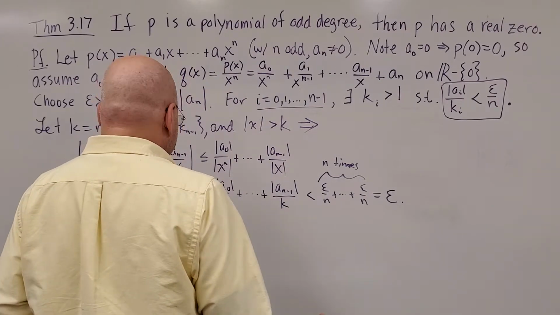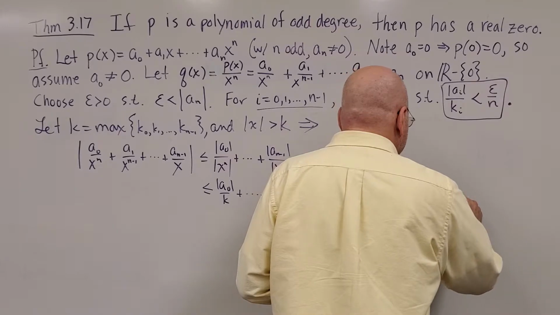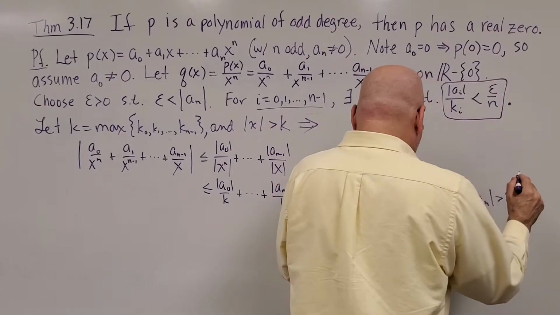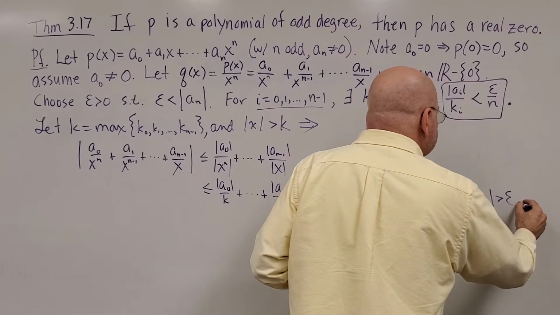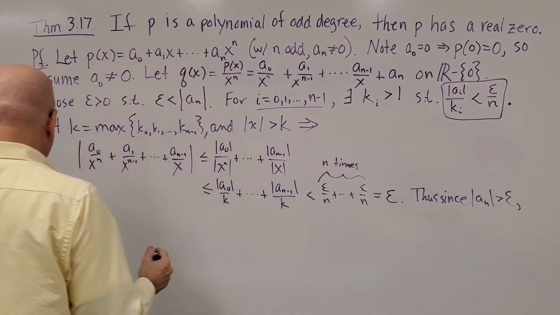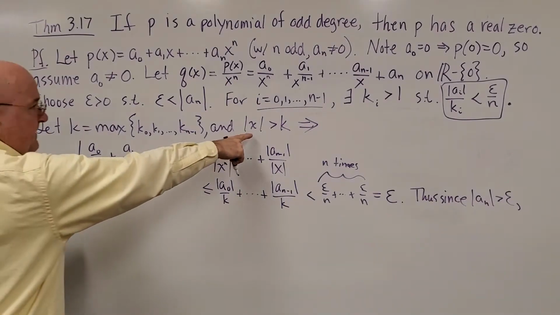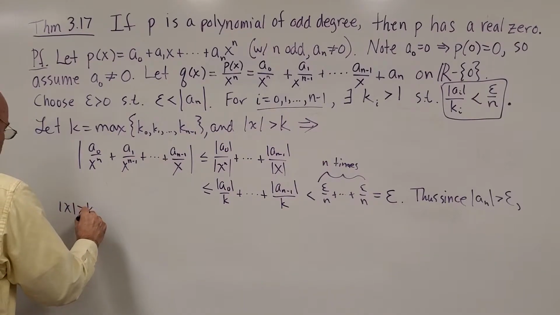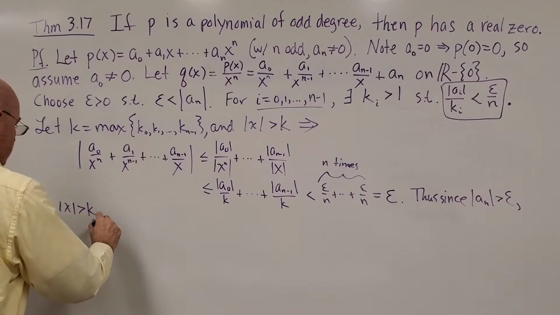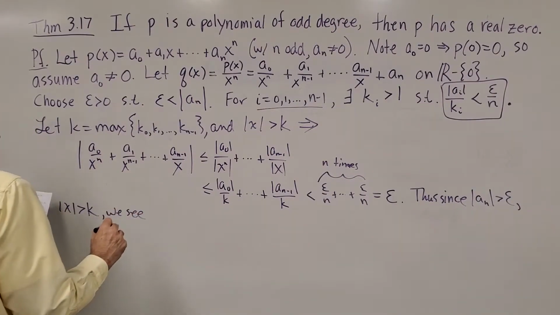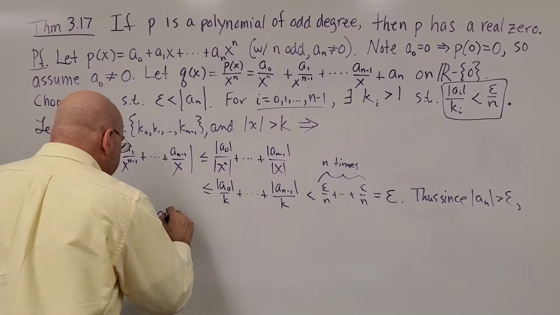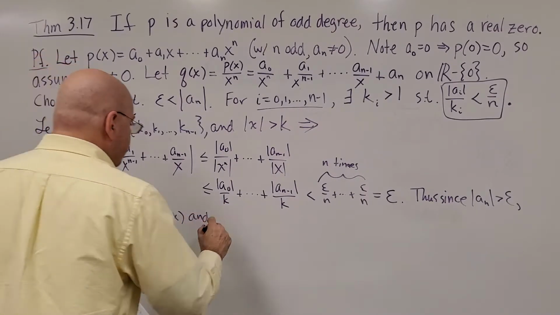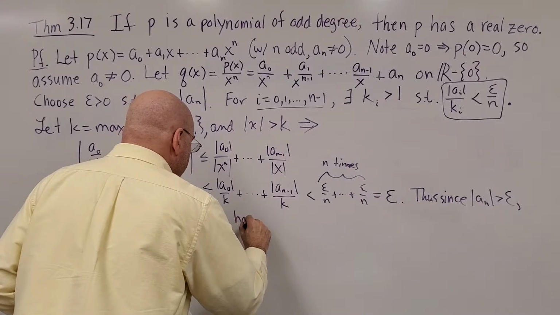All right, let's see. I'm going to continue to the right. Thus, since a_n in absolute value is bigger than epsilon, and x is bigger than k in absolute value, we see that q of x and a_n have the same sign.